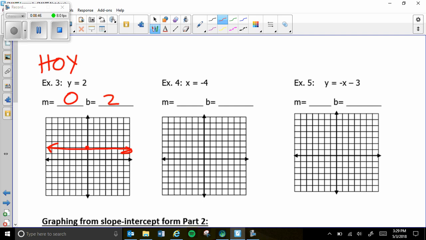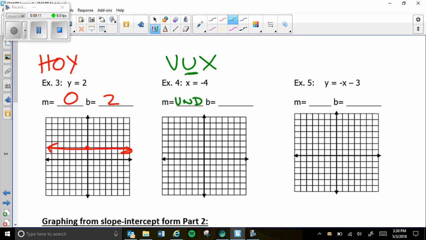For example 4, if I have x equals just a number, what type of line is that? V. So the V stands for vertical line, undefined slope, undefined. And then we're going to graph this before talking about b.